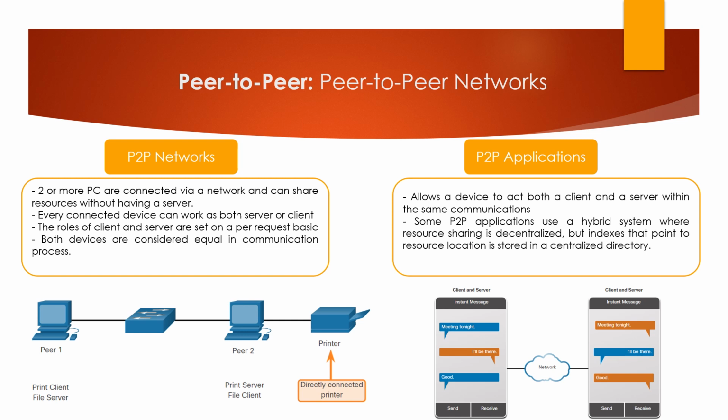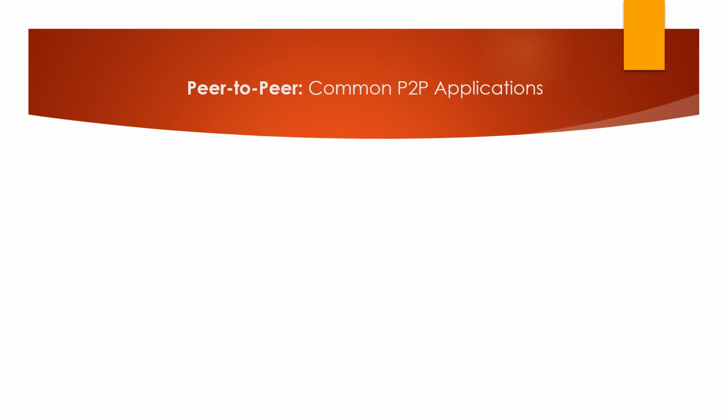In a hybrid system, each peer accesses an index server to get the location of a resource stored on another peer. With a peer-to-peer application, each computer in the network that is running the application can act as a client or a server for other computers in the network that are also running the application.